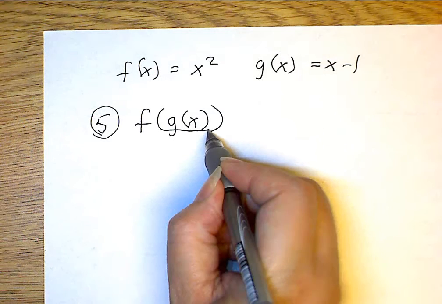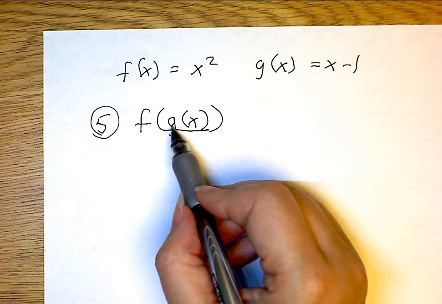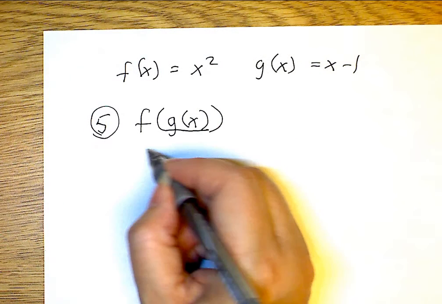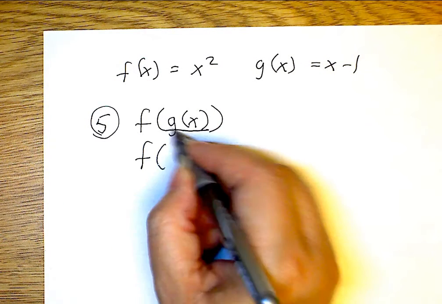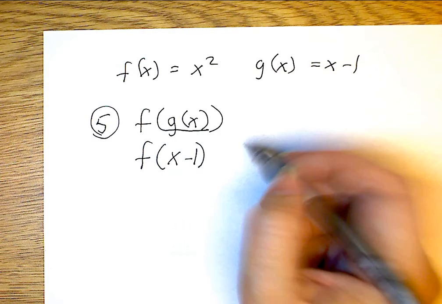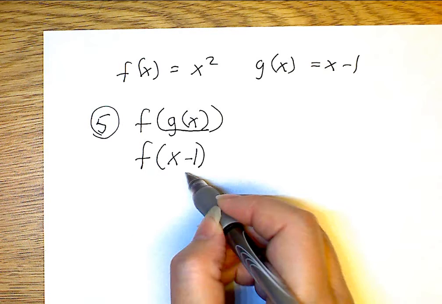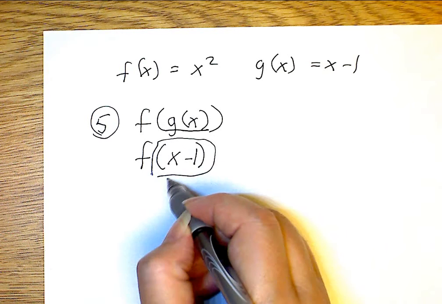So what is g of x? X minus 1. So we're going to say f of, instead of g of x, x minus 1, and we're going to put this in for the x of f.